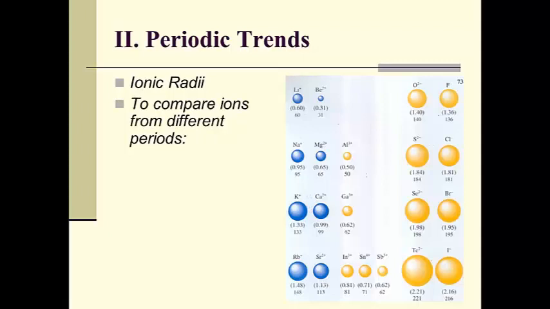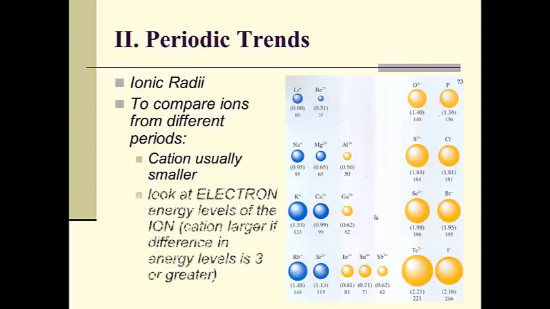Now, what if they're in different periods? If you're going to compare ions from different periods, the cations are usually going to be smaller. Doesn't matter where they're located, or how far up and how far down one is. Look at the electron energy levels of the ions. The cation might actually be larger if the difference in energy levels between the anion and the cation is greater than 3 energy levels.